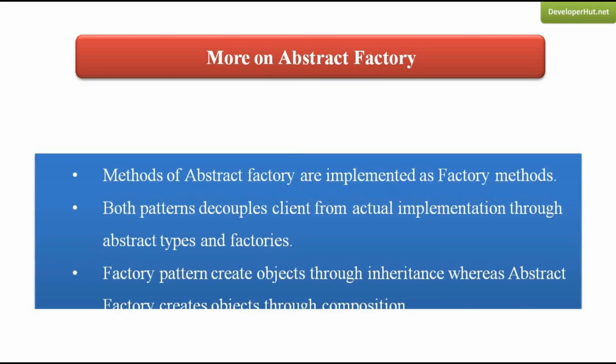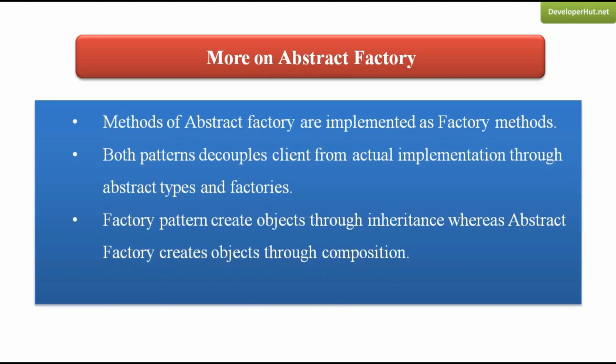So now let's look at some features of the abstract factory design pattern. The methods of the abstract factory design pattern are implemented, of course, as factory methods, which we saw. Then both these design patterns, abstract factory as well as factory design pattern, decouple your client from the actual implementation, either through the abstract type and the factories, right?